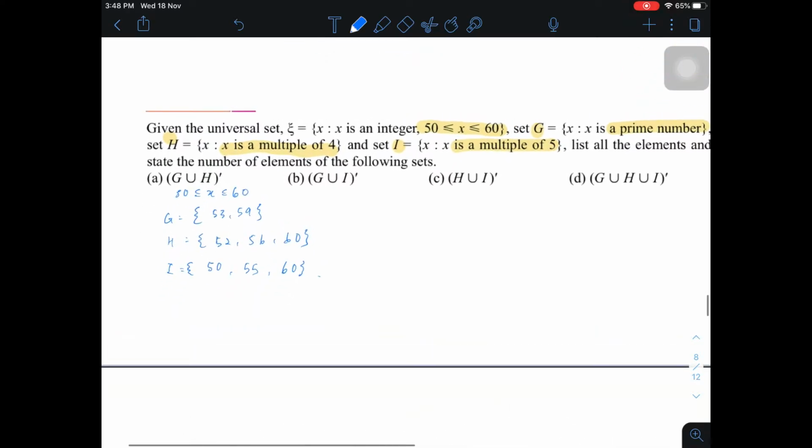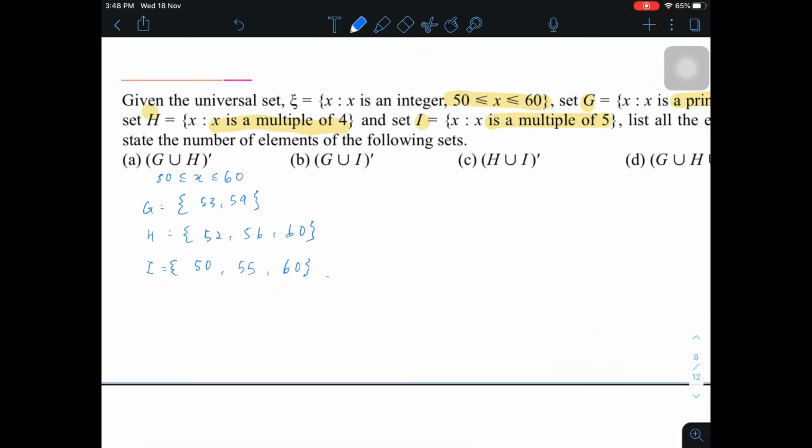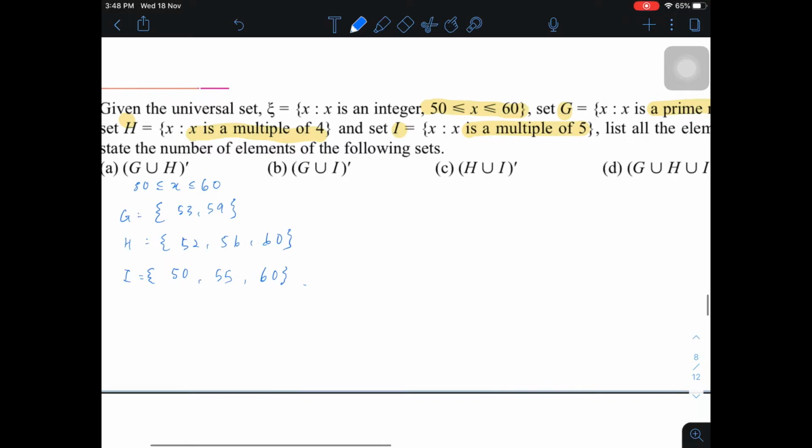And I would be 50, 55, and 60, right? So we want the complement of the union of G and H. So the union of G and H is 52, 53, 56, 59, and 60.